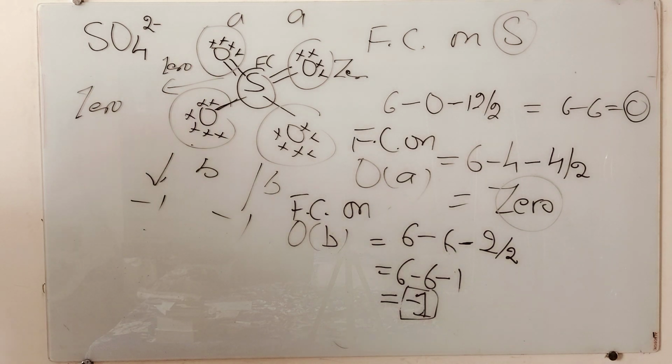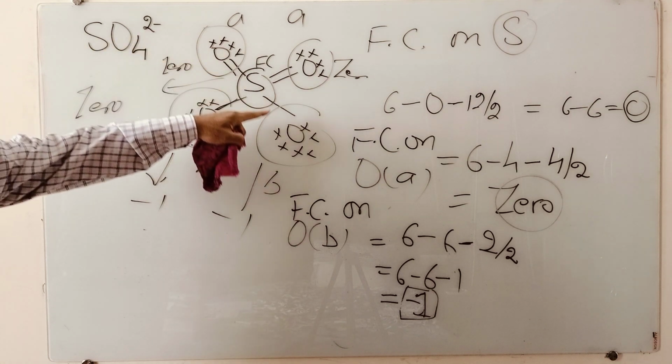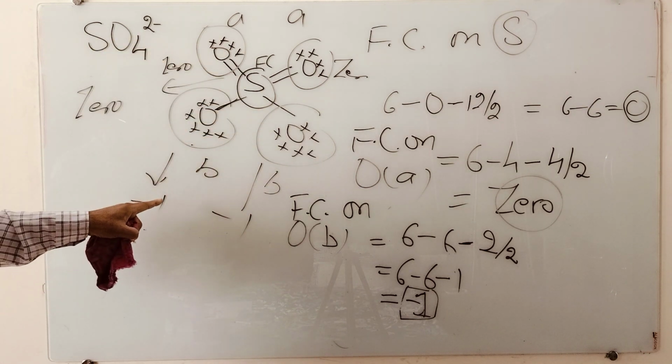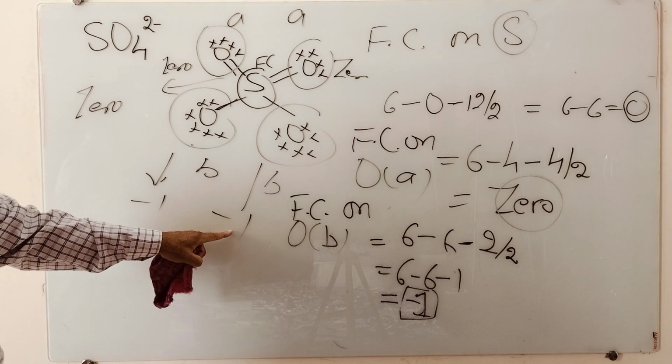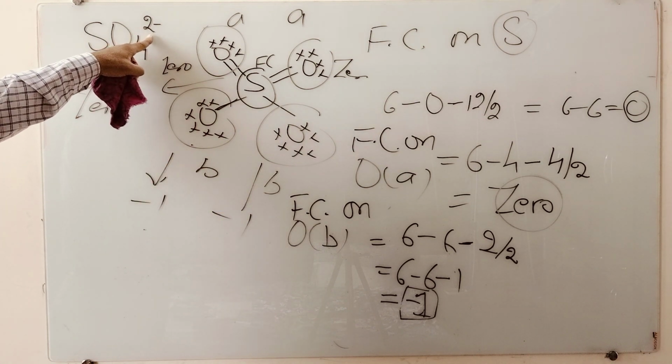Now you calculate the net charge. Forget whatever the sulfate bears as negative charge. You calculate according to Lewis structure, and this oxygen is minus 1, this is minus 1 formal charge, you are looking 2 minus formal charge.